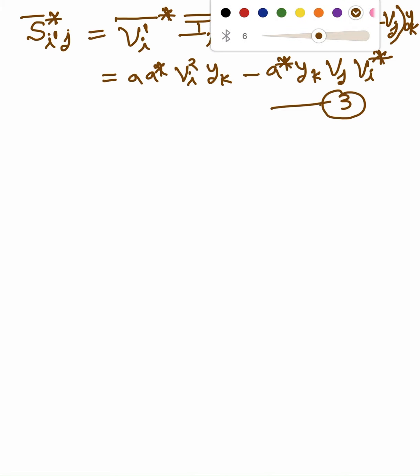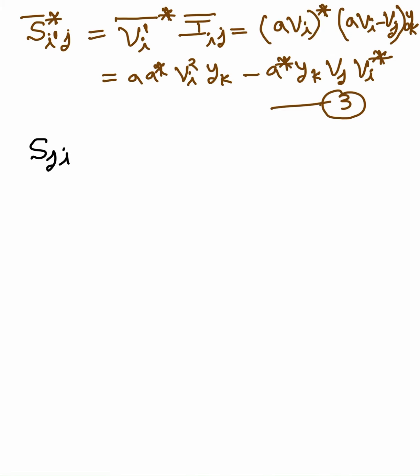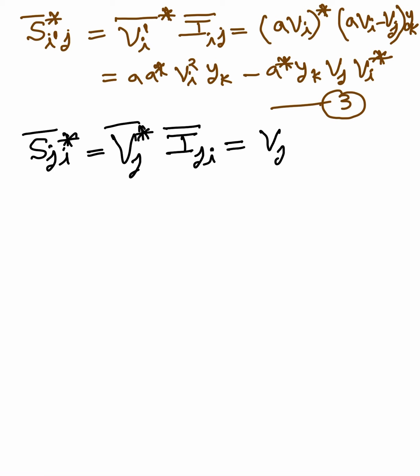Okay, next is what is the parameter? So next is Sji conjugate. What is the value? So simply you can write like this, that is Vj conjugate into Iji. Okay, so here what is the value? That is Vj conjugate multiply with the Iji value. What is the value of Iji?